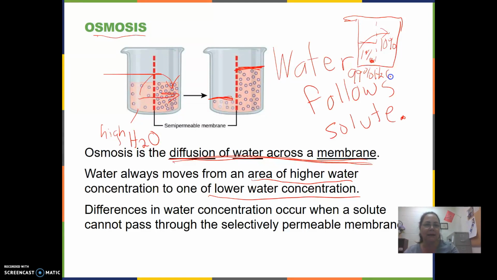And on the right, it is 90% water. So you can also look at it as water is going to move from where water is high to where water is low. In any case, either way that you look at it, water follows solute or water moves from higher water concentration to lower water concentration, either way it works. I just find that students remember water follows solute a little bit better.